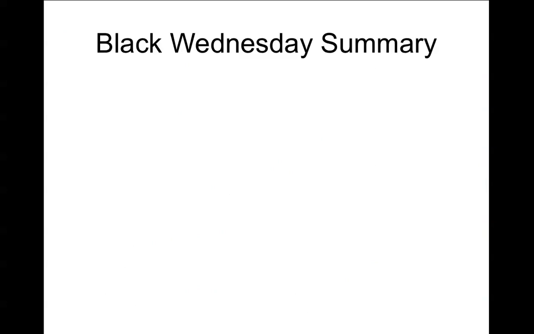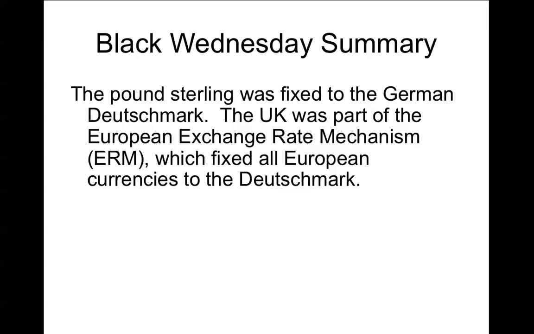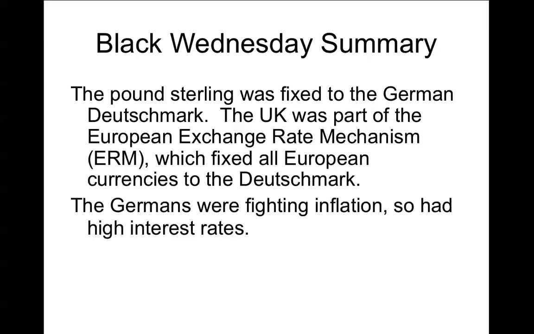Now, a really good example of why this all comes together is Black Wednesday. This was from the early 1990s when the pound sterling was fixed to the German Deutschmark, because the UK was part of what was known as the European Exchange Rate Mechanism, or ERM, which fixed all European currencies to the Deutschmark. Now, there was something different happening in each country.